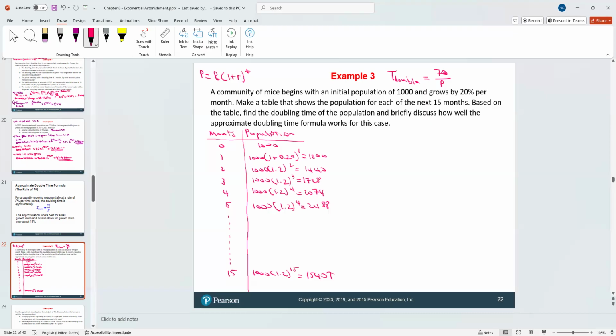So the approximate doubling time formula claims that... I'm hoping you can listen to what I said as well because my handwriting is really terrible.